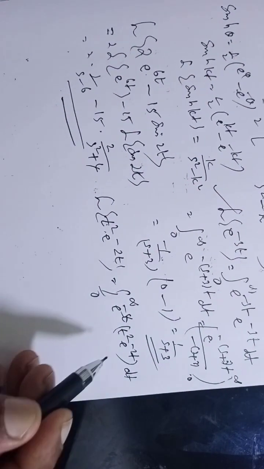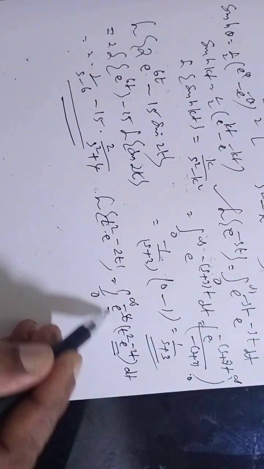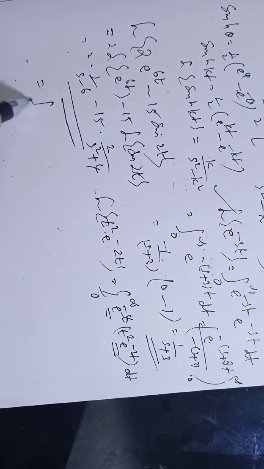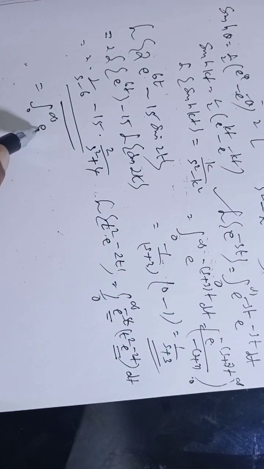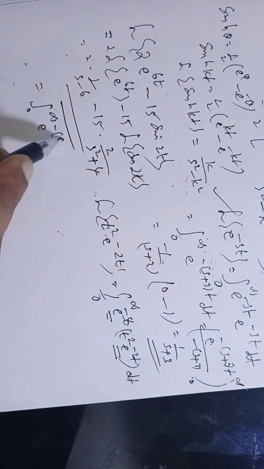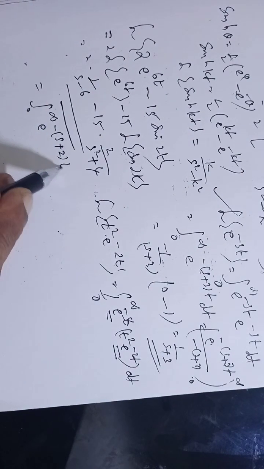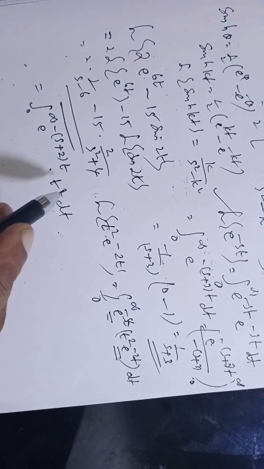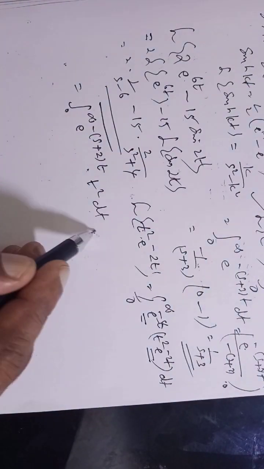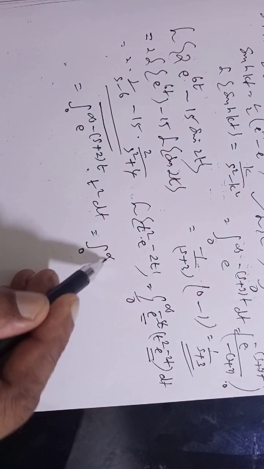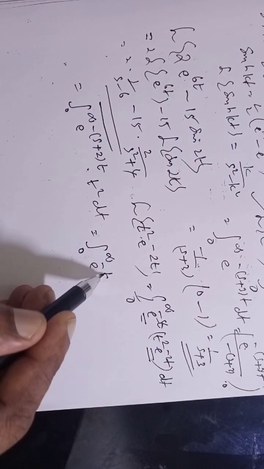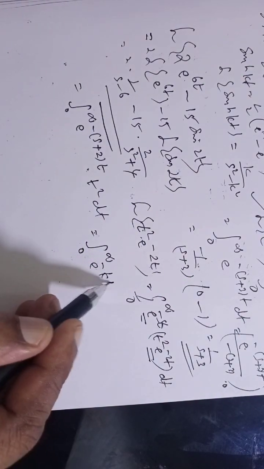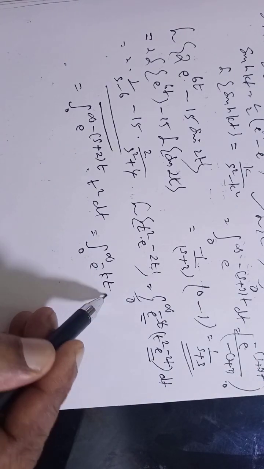Then you can club e raised to minus 2t and e raised to minus st, that is integral 0 to infinity e raised to minus of s plus 2 t into t square dt. You can write this for convenience as integral 0 to infinity e raised to minus kt into t square dt.